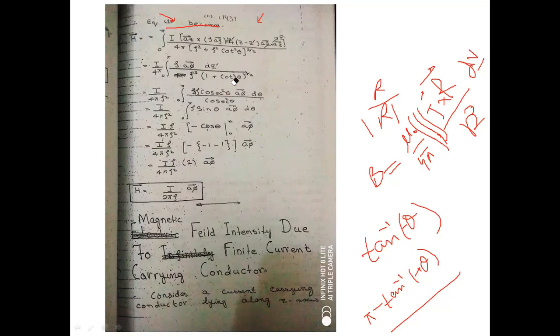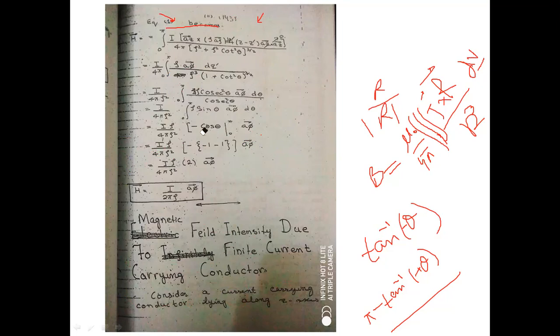From here we get cosecant cube theta, power 3 by 2, so the 2 will be cancelled out, and we are left with cosecant cube theta. So rho cosecant square theta: now this square will be cancelled out with this cube, and we are left with 1 over cosecant theta, and 1 over cosecant theta is equal to sine theta. So rho sine theta a phi. So the whole expression becomes squeezed up.